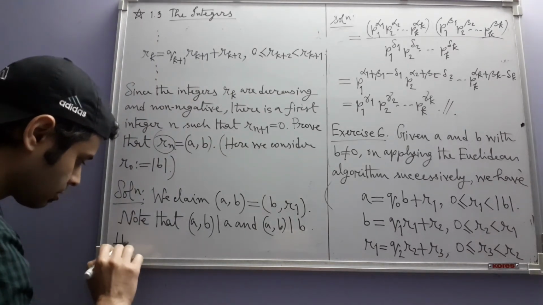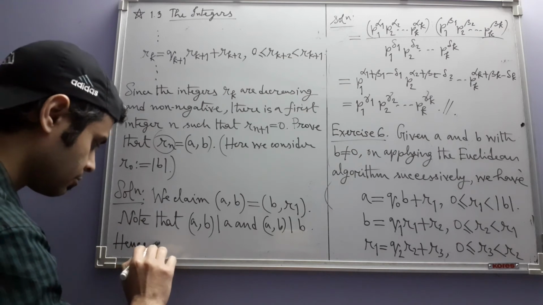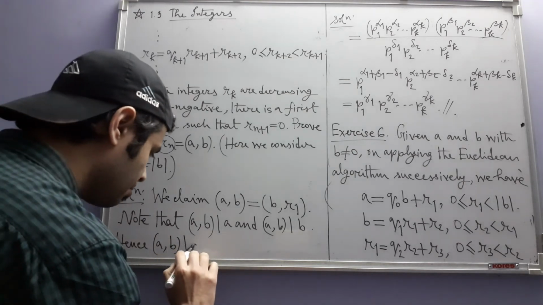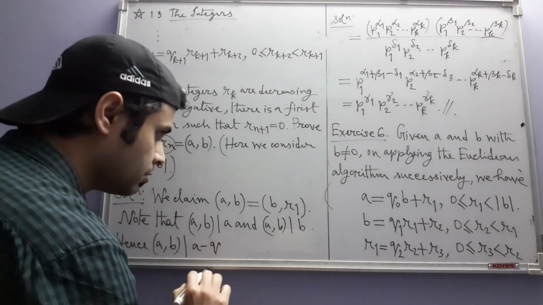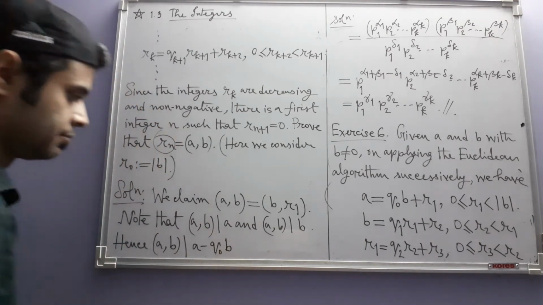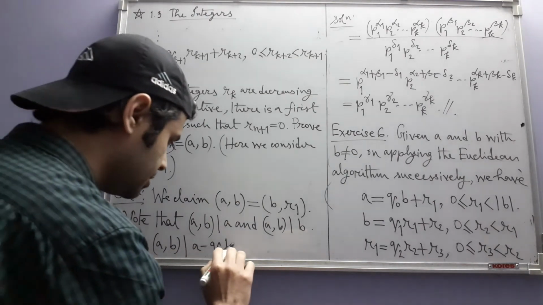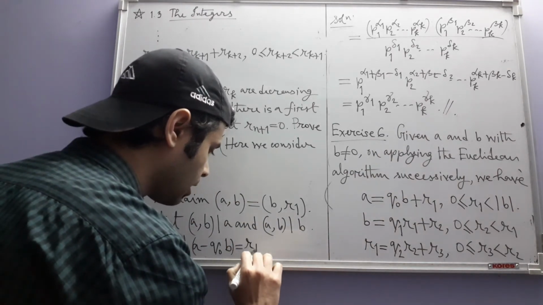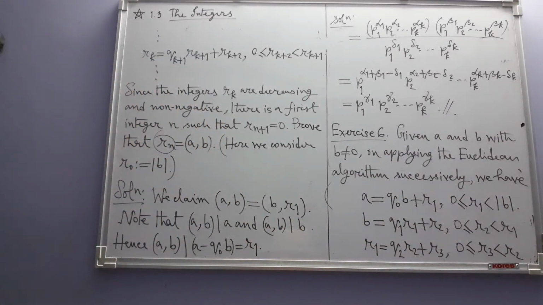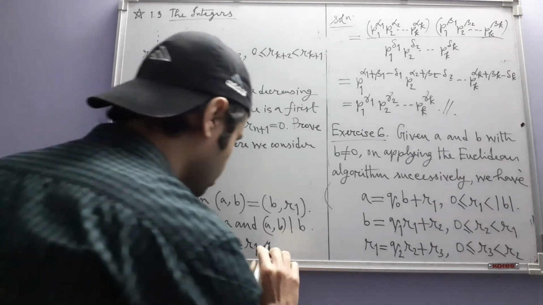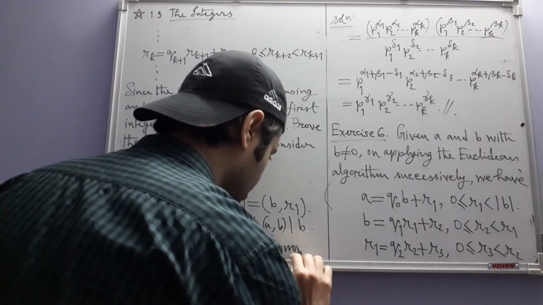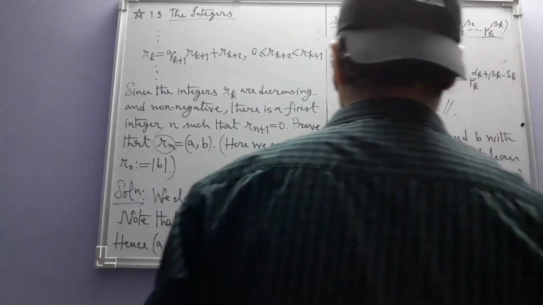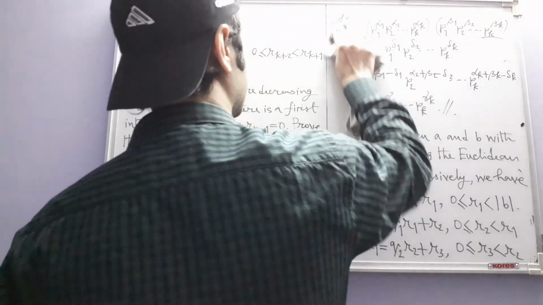Hence, it divides A minus Q naught B, which is nothing but, from here, R1. Okay, so now look at this. So now we have, although this need not be written, but let me just write it for the sake of understanding.